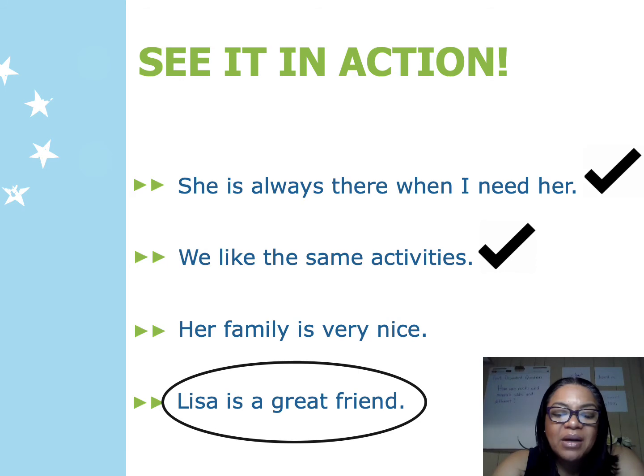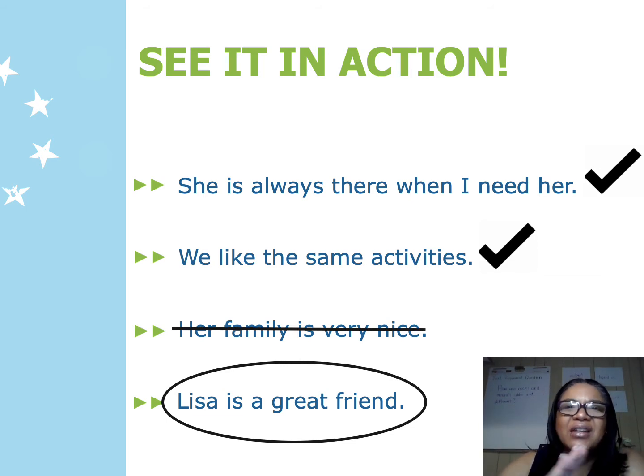It just tells me something about her family, which is interesting, but it doesn't really connect to her being a great friend. So I'm going to cross that sentence out because it really won't fit in this paragraph. So we should just cross it out and go ahead and eliminate it.